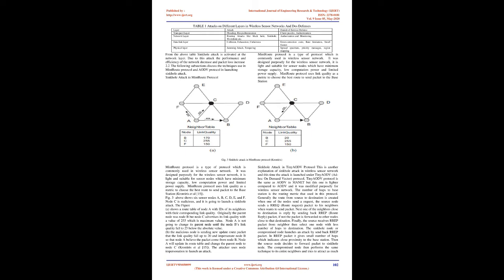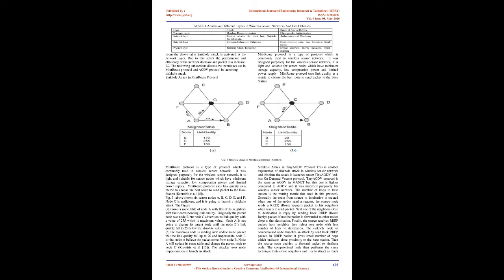Table 1 Attacks on different layers in wireless sensor networks and DoS defenses. Layer, attack, denial of service defense. Transport layer: flooding, desynchronization; client puzzles, authentication. Network layer: routing attacks like black hole, sinkhole, wormhole, etc.; authorization and monitoring.